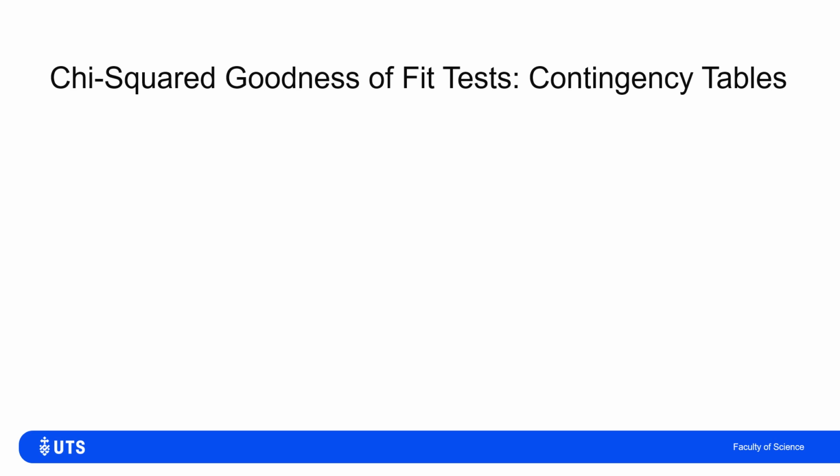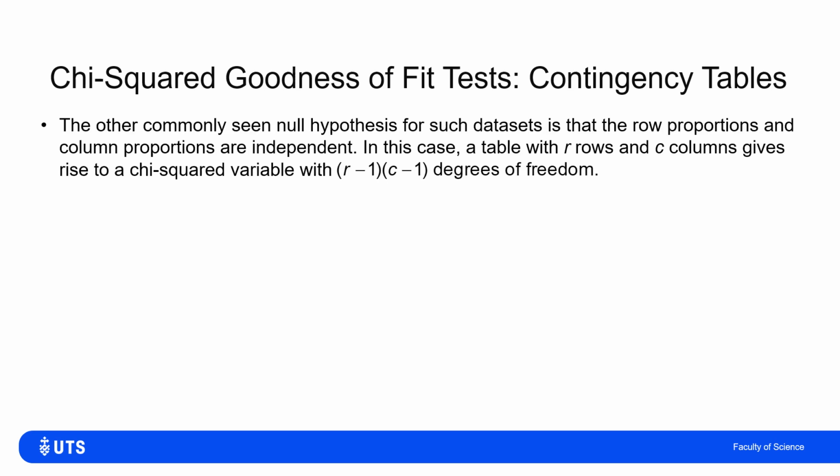And if I had 10 categories, I had 9 degrees of freedom. But a more common use of chi-squared distributions to assess goodness of fit is looking at whether, when I've got two different variables or two different factors, they look to be independent of each other.